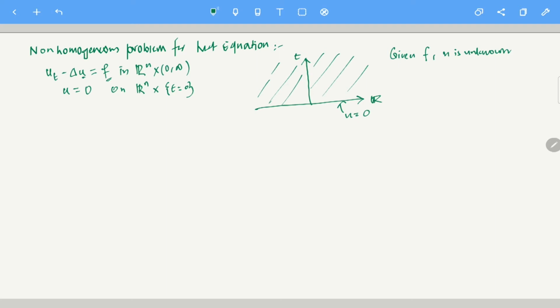And what we want to do is to produce a formula for a solution, clear? So we want to find a formula which will actually give us a solution. Yes. So let us start doing that.